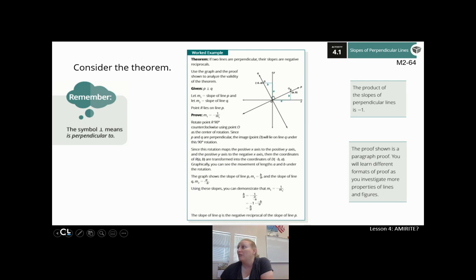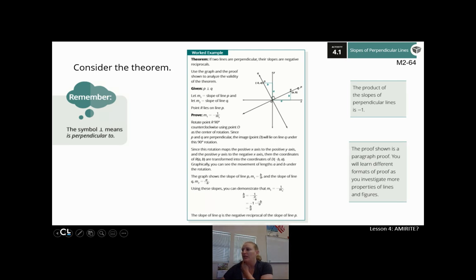So our x coordinate now becomes our y coordinate, and our y coordinate now becomes an opposite x coordinate. Since this rotation maps our positive x-axis into our positive y-axis, and maps our positive y-axis to the negative x-axis, we went from AB to negative BA.